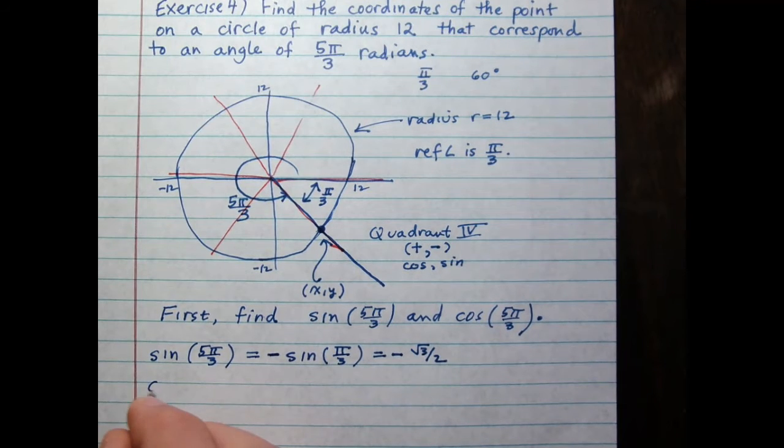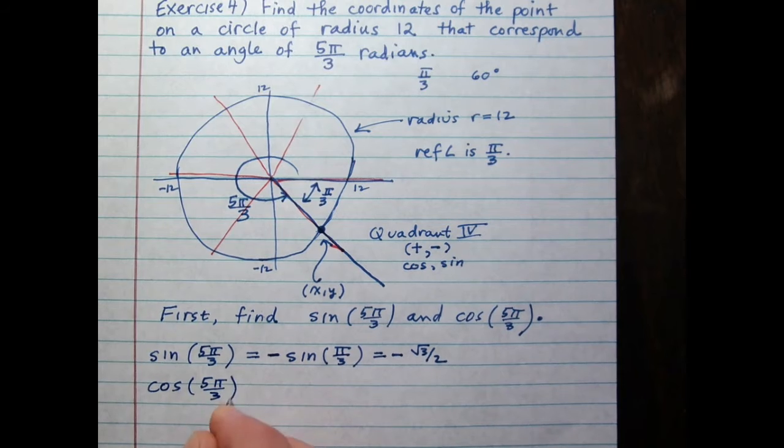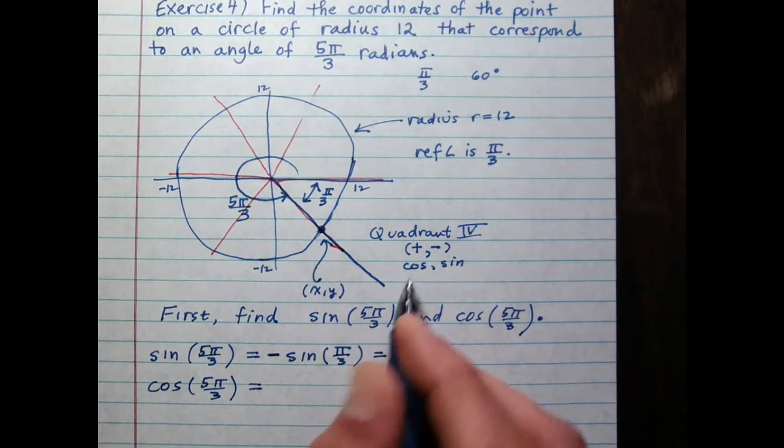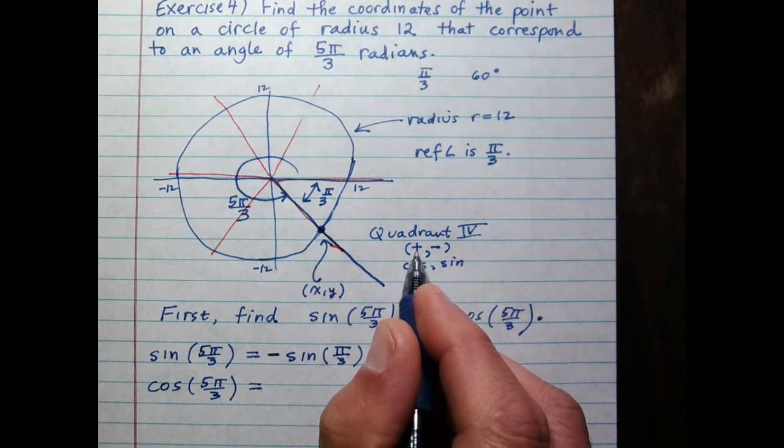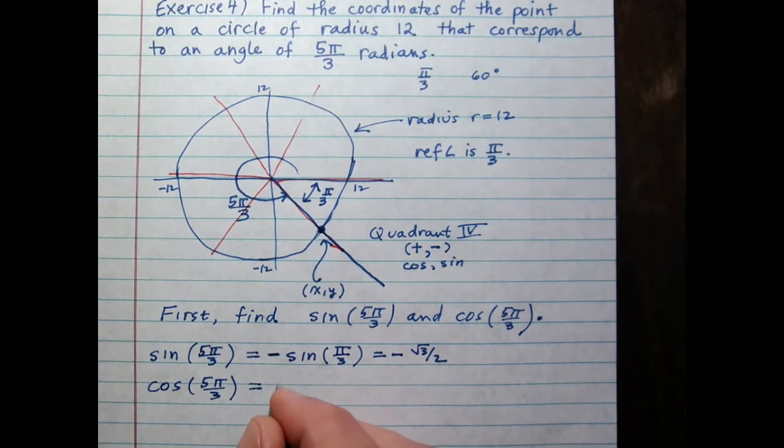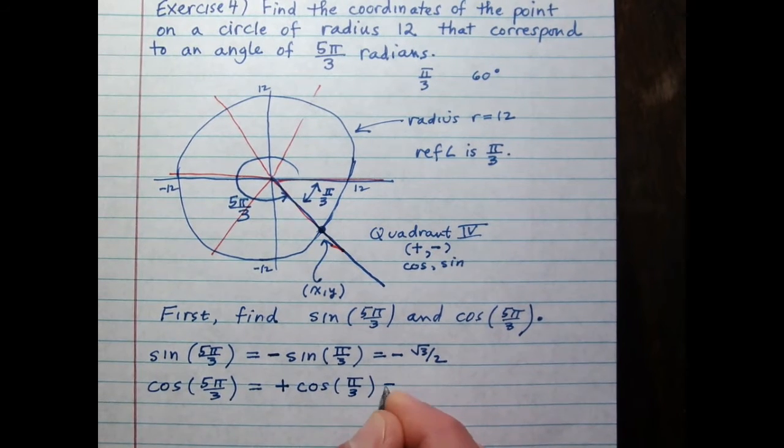And cosine of 5 pi over 3 is actually going to be, well, cosine corresponds to x coordinates. Those are positive in quadrant 4, so I want to use plus the cosine of pi over 3. And so that's going to be positive a half, because the cosine of pi over 3 is a half.